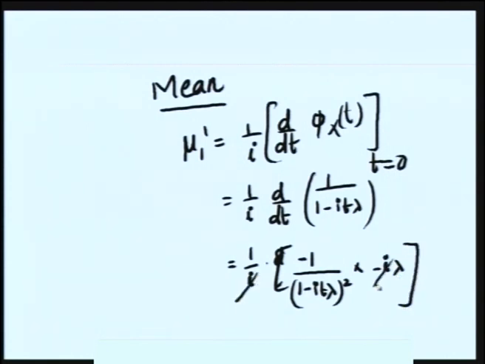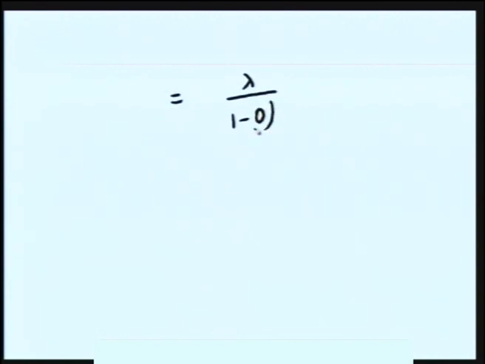So, i gets cancelled and minus into minus becomes positive, and then at the most you have to substitute t equal to 0. What is that equal to? When you substitute, you will have lambda by (1 − 0) square, right. So, this is equal to lambda. So, mean is equal to lambda.